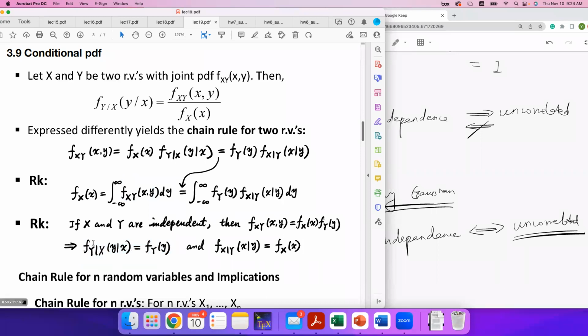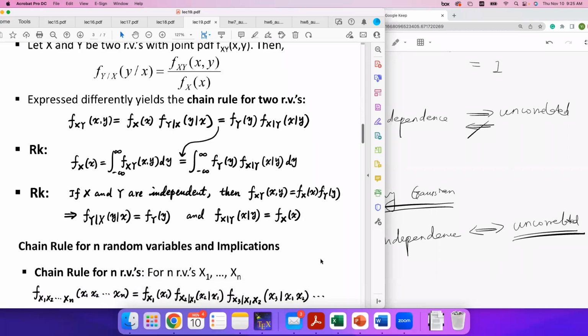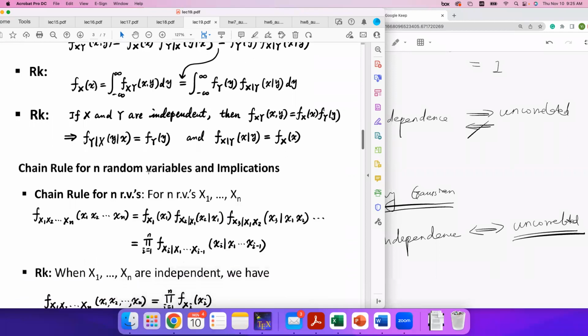So f_{Y|X} equals f_Y. This is because now X is independent of Y, so when we condition on X, it doesn't matter. So similarly, f_{X|Y} is also equal to the marginalized f_X. Yeah, so here everything is very similar to the conditional probability.